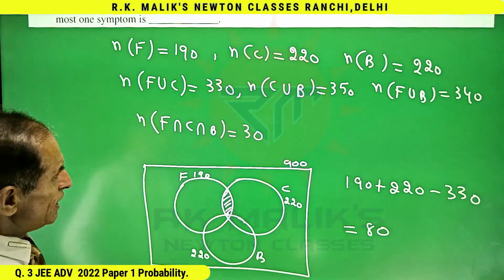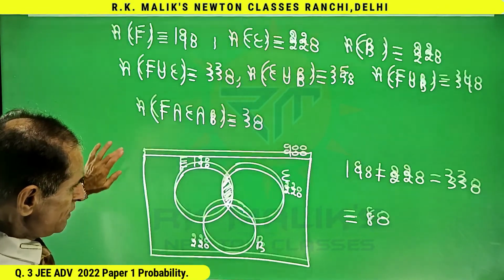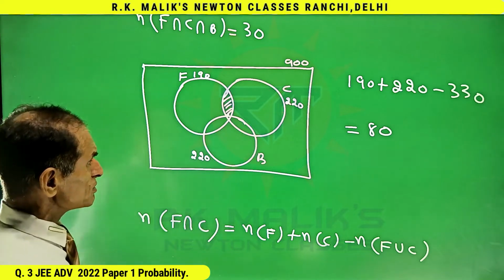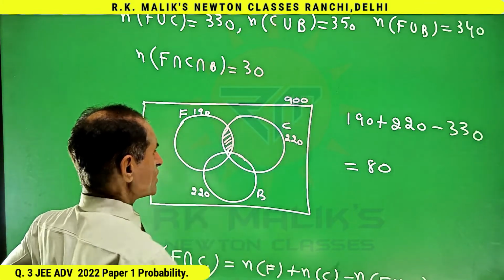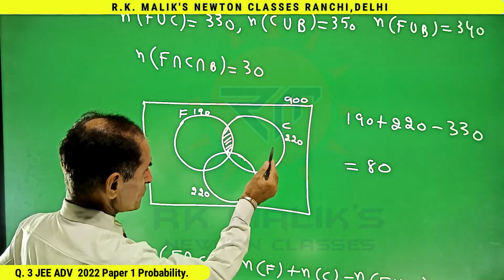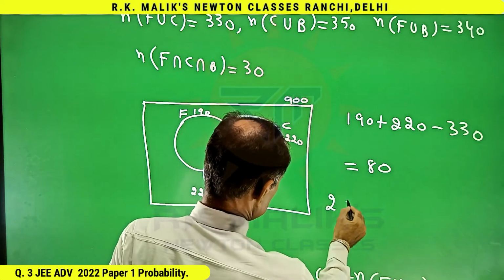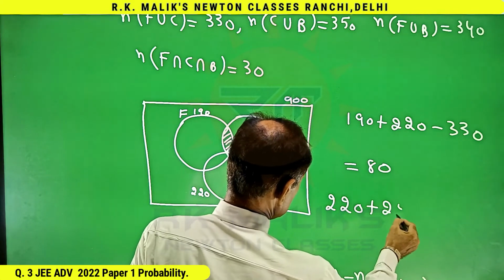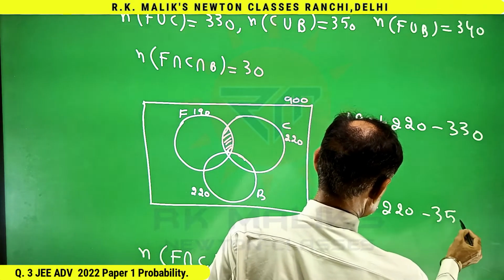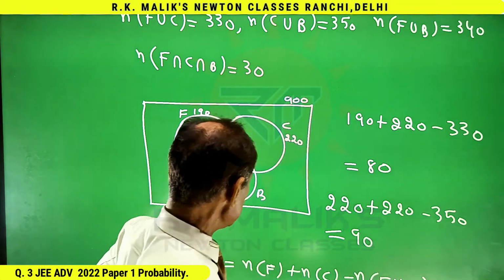and this is equal to 80. And using the information that N(C union B) equals 350, this whole part contains 350 elements, which means the common part of C and B will be containing 220 plus 220 minus 350, that is 90 elements.